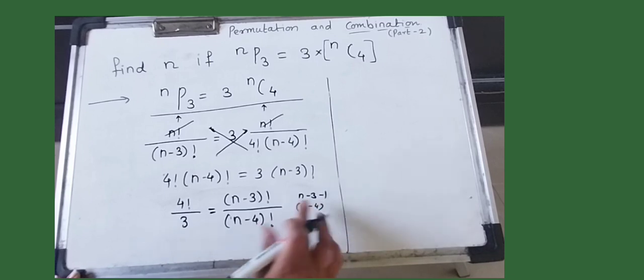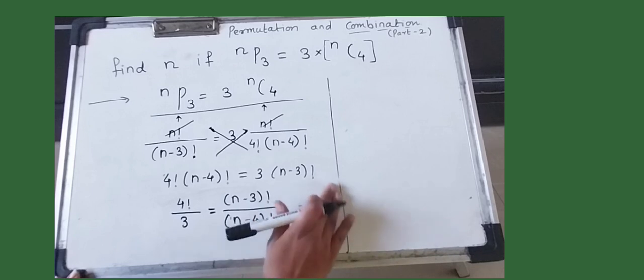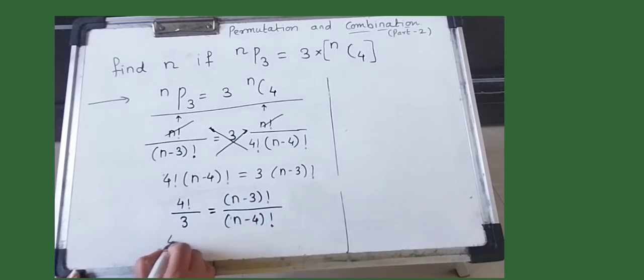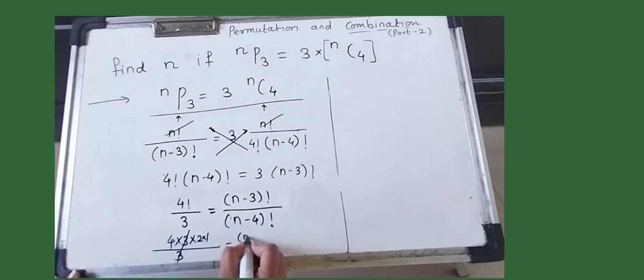Clear or not? Comment me in the comment section. See, I write here 4, 3, 2, 1. Here 3 gets cancelled. Here n minus 3 keep as it is into n minus 4 bracket factorial, because n minus 4 is a small number.